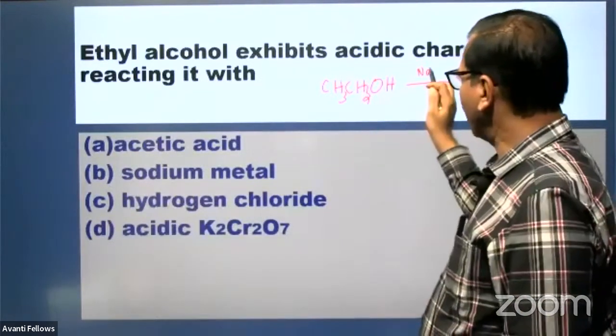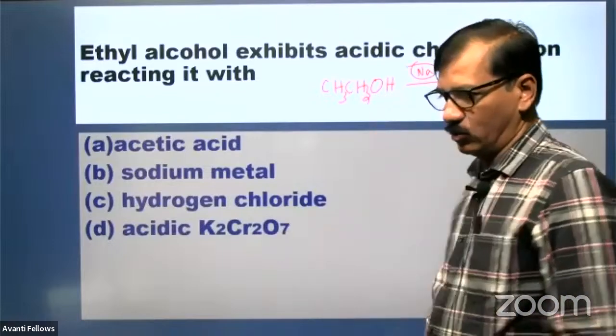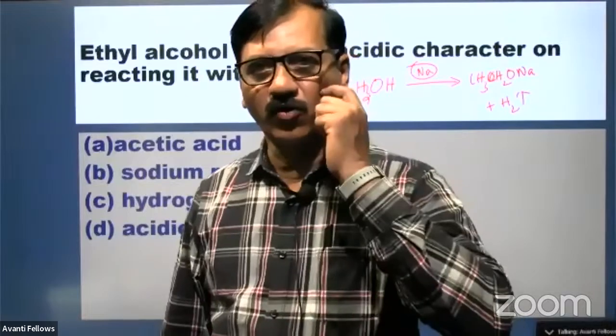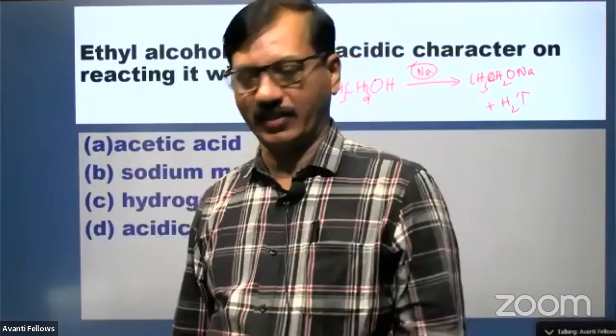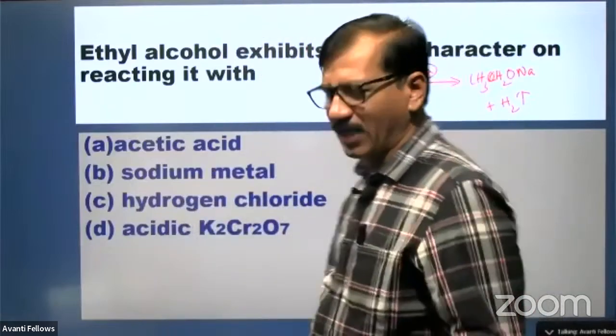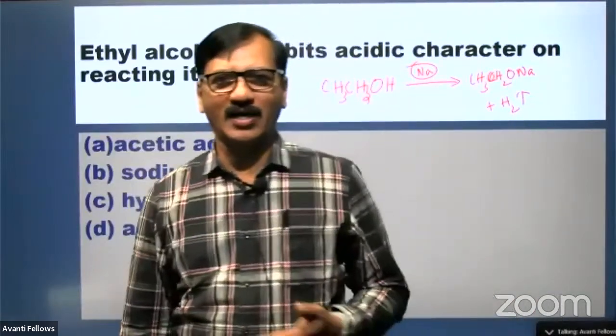So anything that reacts with a metal to give hydrogen, we believe it is an acid, right? So therefore, ethyl alcohol is considered as an acid, right? Because of this reaction. Okay, it is a typical way of looking at things.